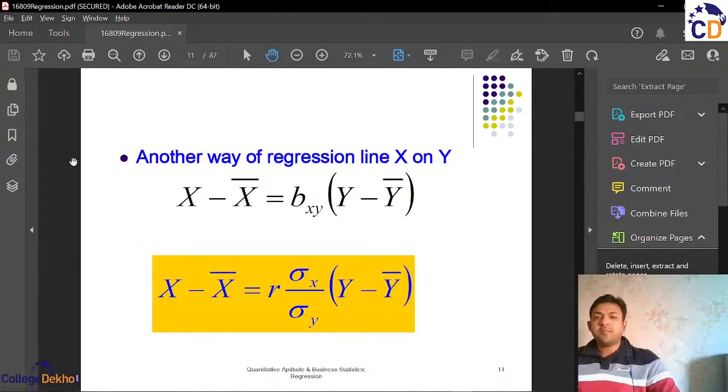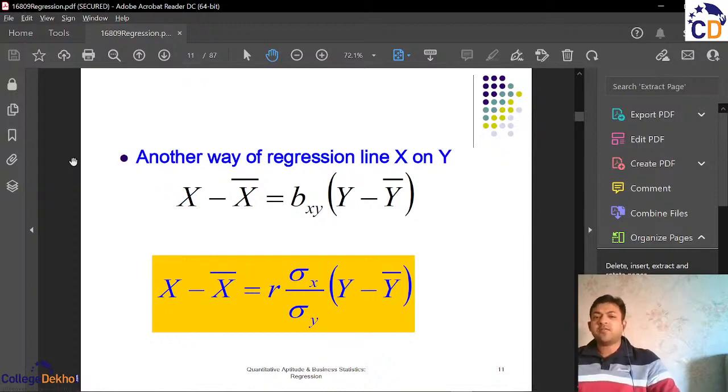Now, another way of representing the regression line, x on y. Similar to the concept of straight lines, the equation goes x minus mean of x equal to bxy, which is the regression coefficient of x on y, times y minus y mean.